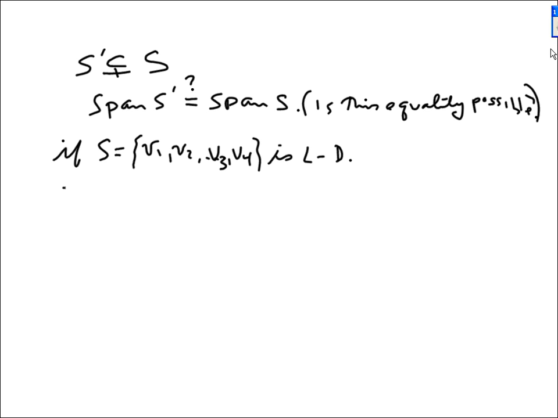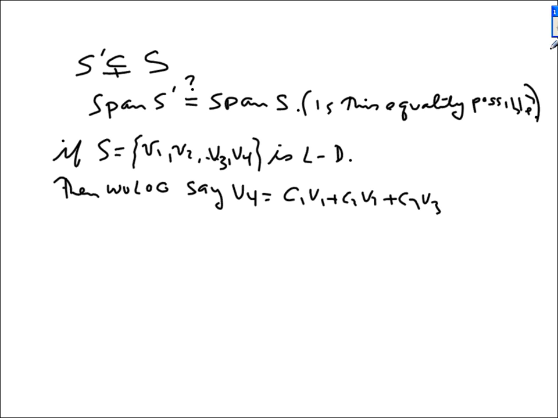Well, then, without loss of generality, say V4 is a linear combination of the others. One of them has to be a linear combination of the others: C1 V1 plus C2 V2 plus C3 V3.